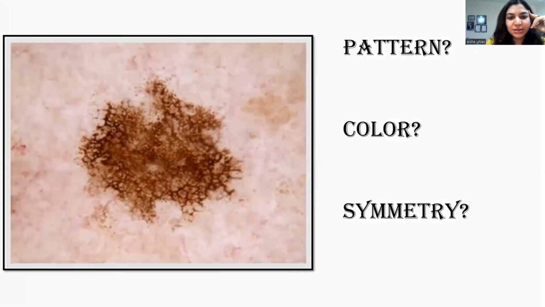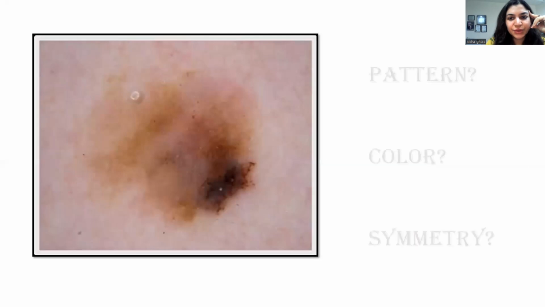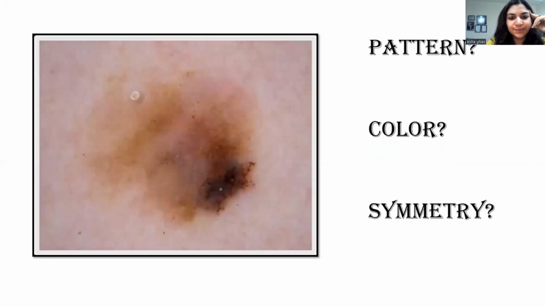So pattern, color, symmetry. Okay, what's the pattern? What's the color? And what's the symmetry? The pattern, which is there in more than 20% of the lesion area, is a homogeneous structureless pattern. The clue is that on one side of the lesion there is a dark colored network and a few peripheral dots and streaks.